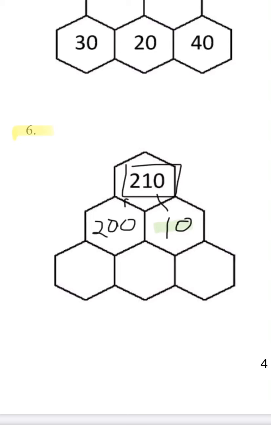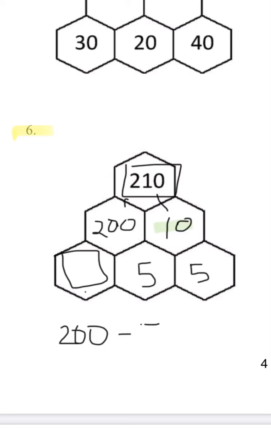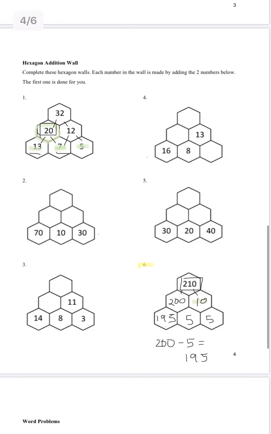Well, again, let's use the most simple ones, which is 5 plus 5, right? That equals 10. Okay, now let's figure out the last hexagon. Well, in order to get this, right, we could do 200 minus 5, right? Which is 195. So your answer. Let's go ahead and write 195 here, okay? So go ahead and give the other hexagon walls a try.